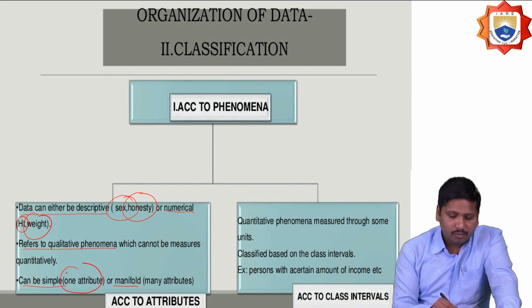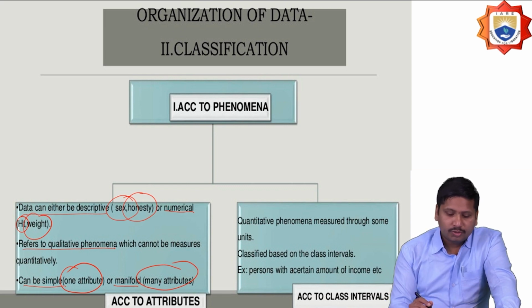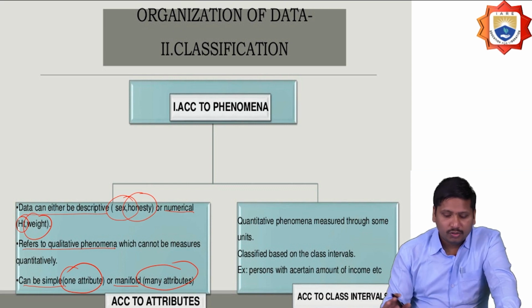Simple means I can take only one attribute, and manifold means we can take many attributes. According to these attributes, the data is divided into different types, descriptive and numerical, and we can also take some measures for the qualitative data.